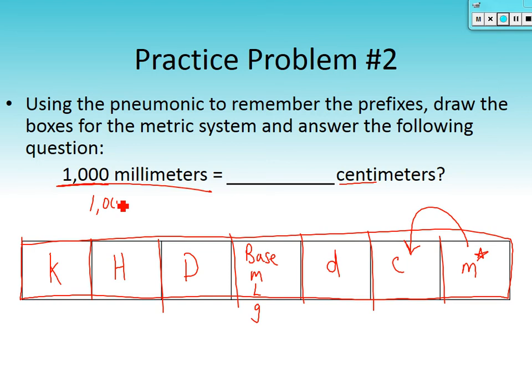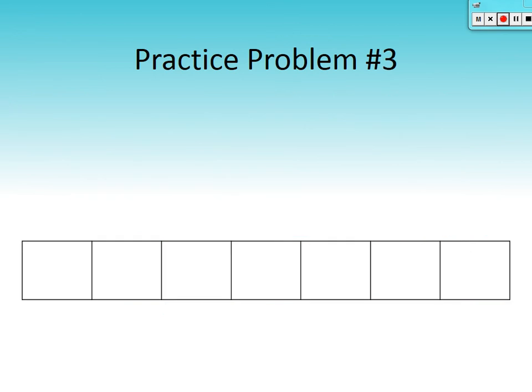Well, in 1,000, the understood decimal is right here. So we're going to move it 1 to the left. And now it becomes what number? 100. And so there's my answer. If you had 1,000 millimeters, that would be 100 centimeters. Okay, very easy. Hopefully you got that right.